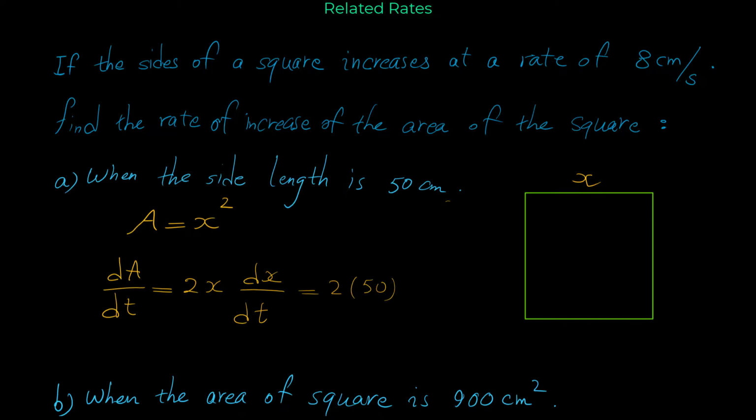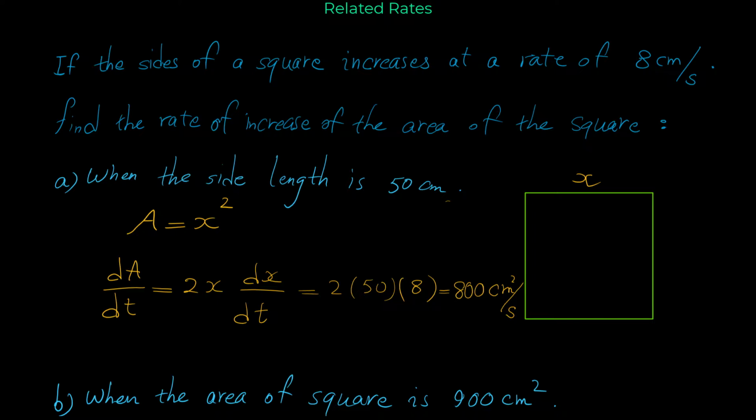So we have to multiply this by 8. 2 times 50 is 100. 100 times 8 is 800. So the rate of increase of the area of the square is 800 centimeter squared per second.